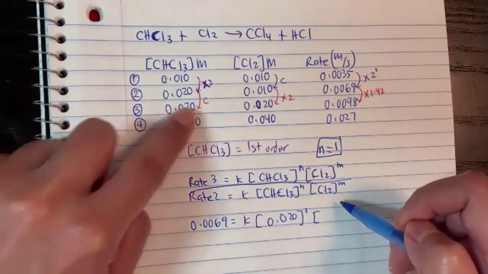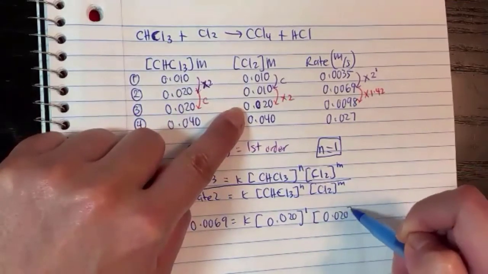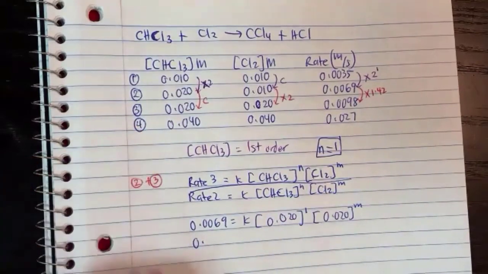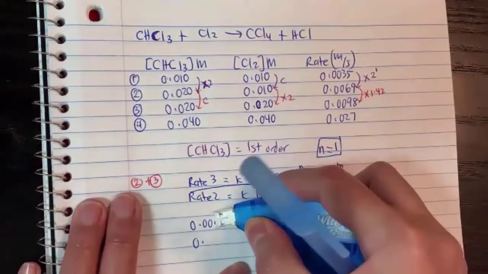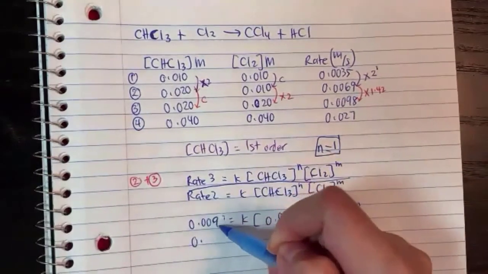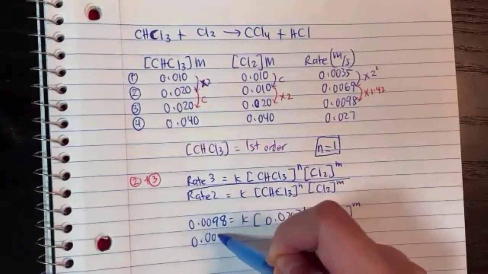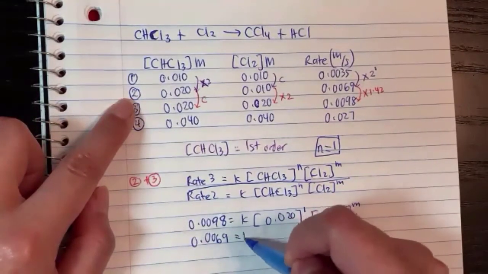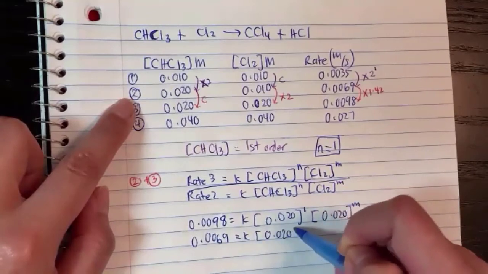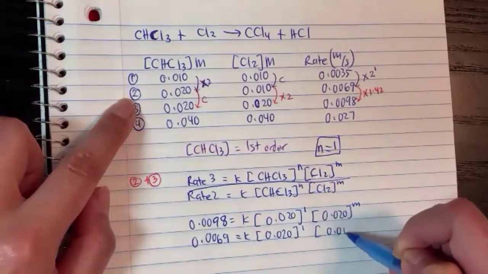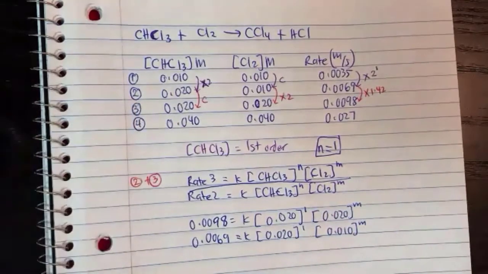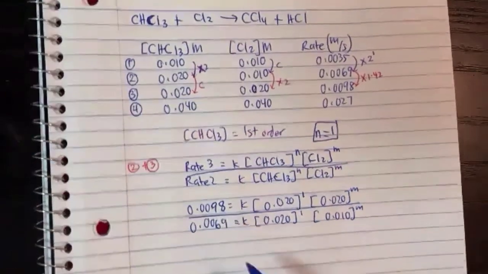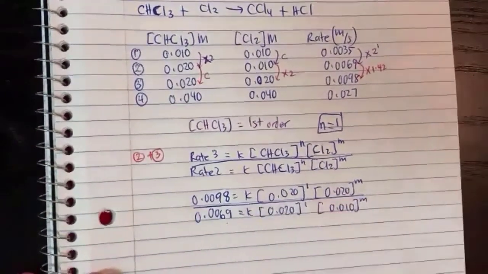CHCl2. Ooh, 3 is 98. Two. So we can see that ends up being the 1.42 thing that we were talking about, right?